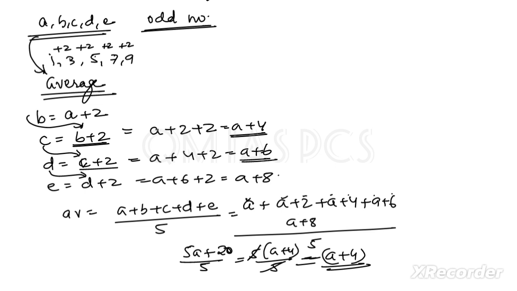In the question, the keywords were average, consecutive, and odd numbers. From these keywords we can find the relation, and if you find the relation you can solve the question easily. Fine.